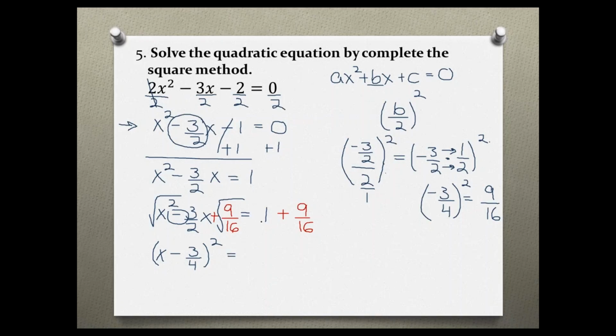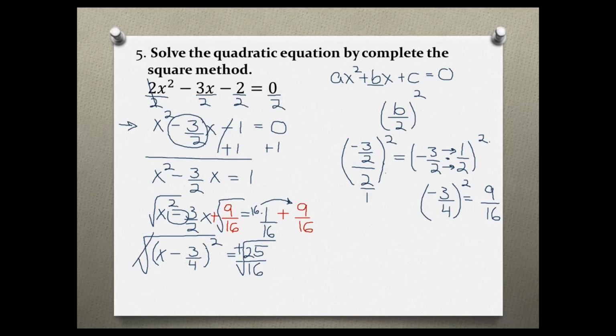And on the right side, to add fractions, I need the same common denominator, which is 16. So I multiply the numerator and the denominator by 16, and then I can add the numerators. So 16 plus 9 is 25 over 16. Now I am applying the square root method, square rooting both sides, and I'm going to end up with a positive and a negative answer.